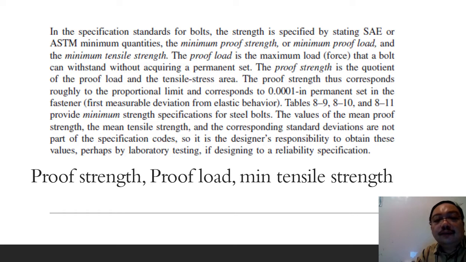And for the minimum tensile strength, you have learned before about the tensile strength, in the material science class in your first year. This is the region for the tensile strength, stress over strain.